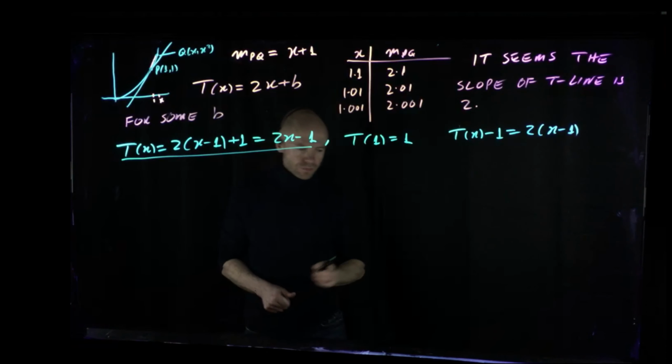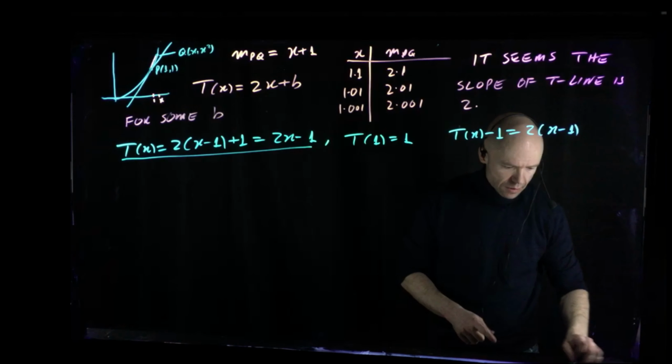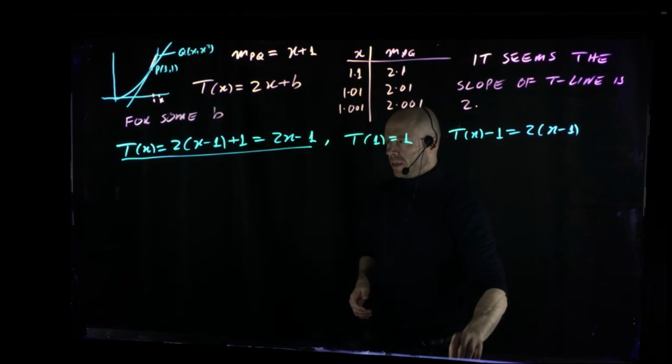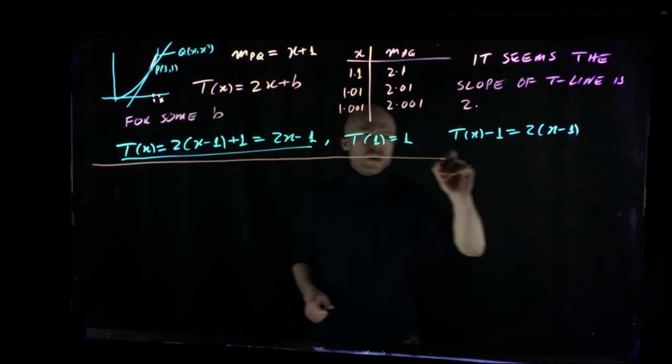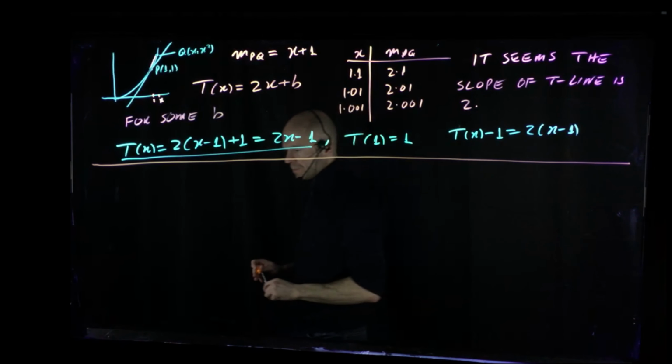Cool. All right. Now we're going to talk about something that seems completely different. We're going to make what seems like a discontinuous jump, and we're going to talk about velocity.